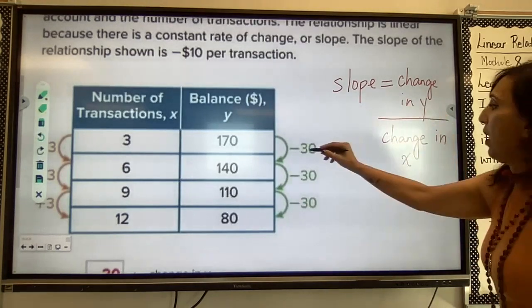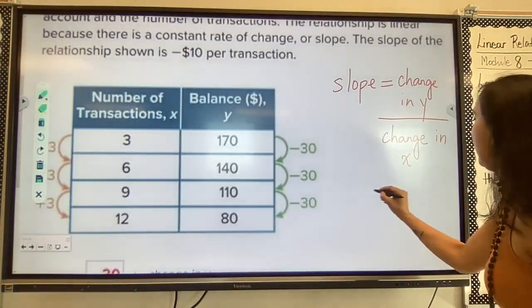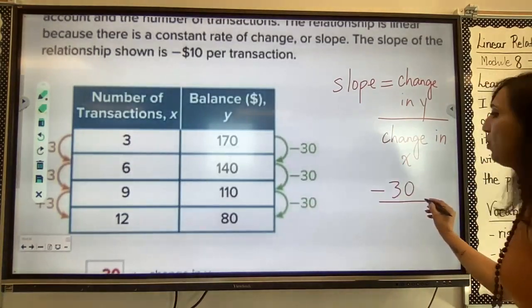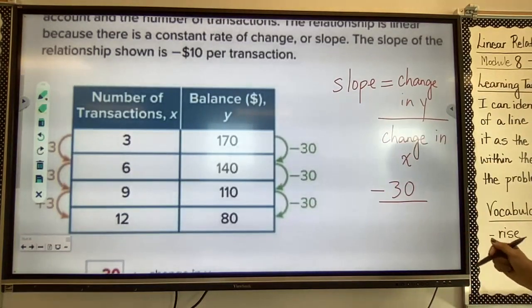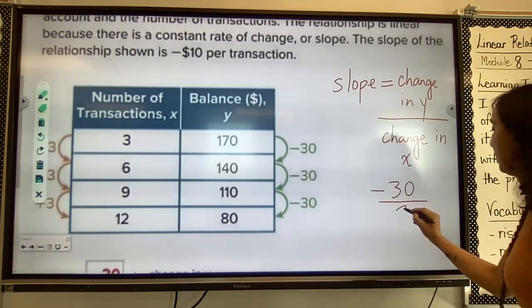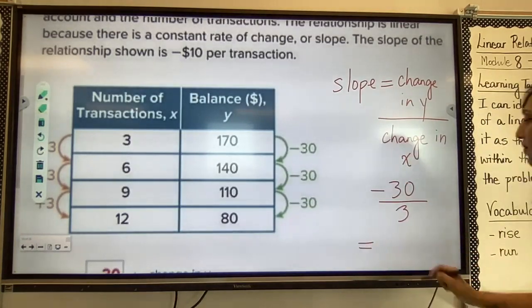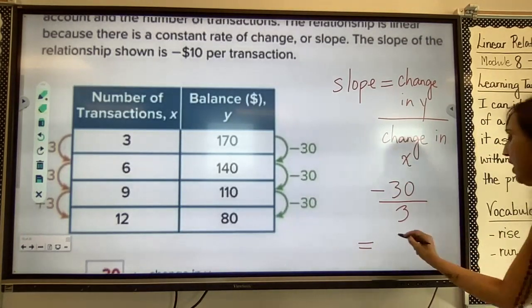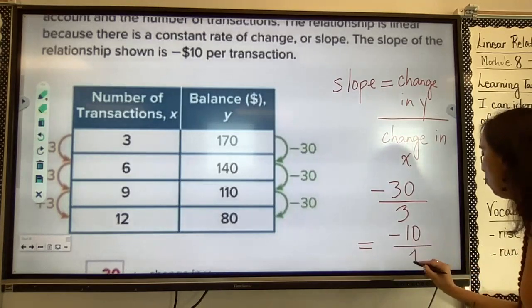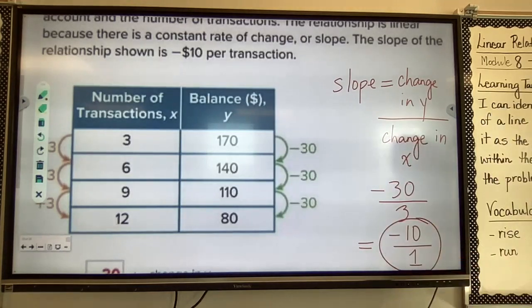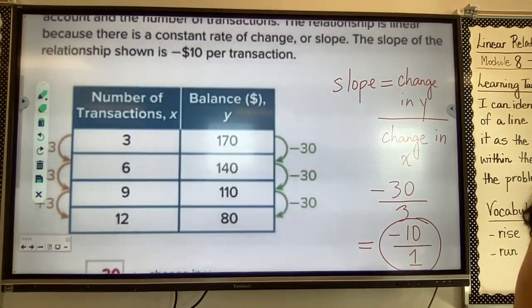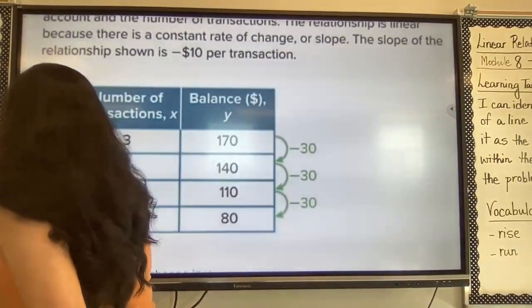My change in y is this, because this is my y, -30 over, what is my change in x, is going to be 3. And so therefore this gives me -10 over 1, and this is my slope, -10 over 1.